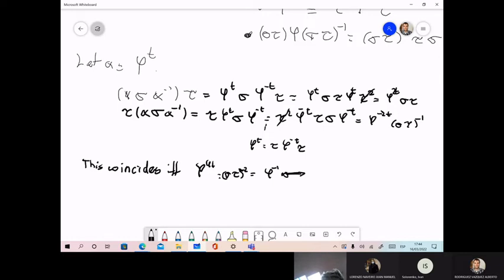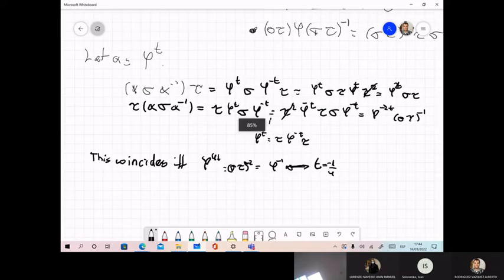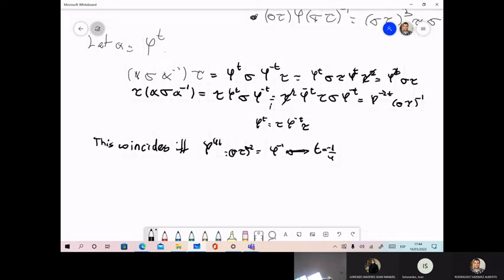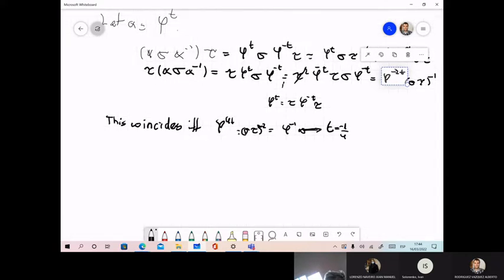So this happens if and only if t equals minus 1/4, right? So for t equals minus 1/4, we have an element in the conjugacy class of sigma which commutes with tau.